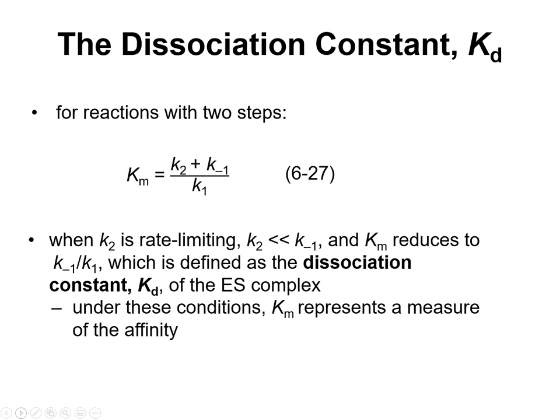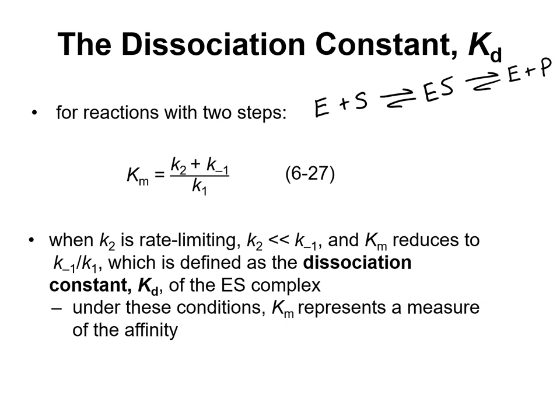In this 2-step mechanism that we're talking about, we've got enzyme plus substrate reversibly forming ES, and from there we're forming E plus P. Now sometimes you'll see this as just a single arrow where it's irreversible to go from ES to EP.